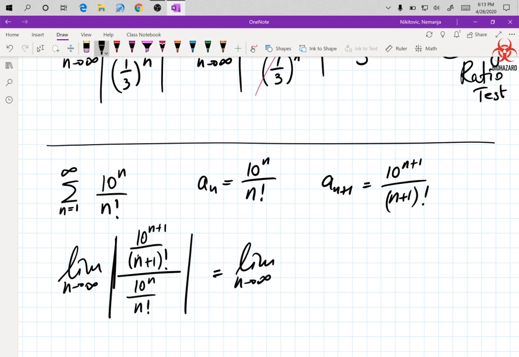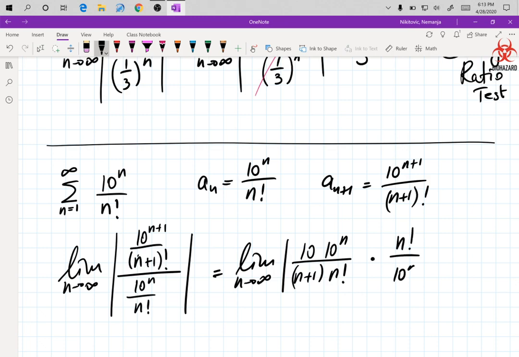If you don't know how to deal with the division of fractions, of rational expressions, go check that out. What I'm going to do is peel off a 10 to the n divided by n plus 1 times n factorial, times n factorial over 10 to the n. We have to flip this one into multiplication.